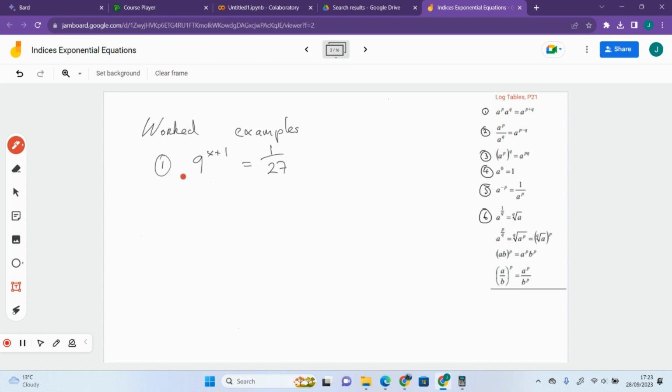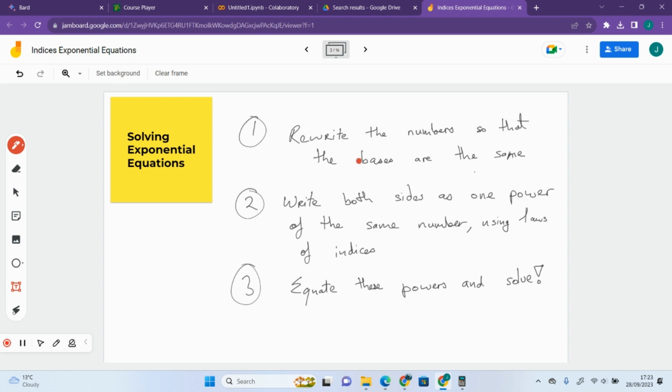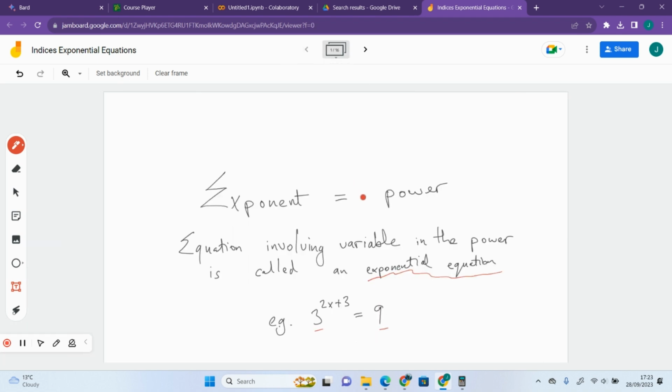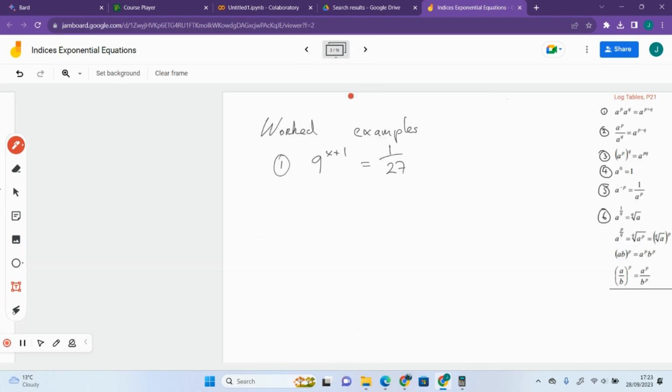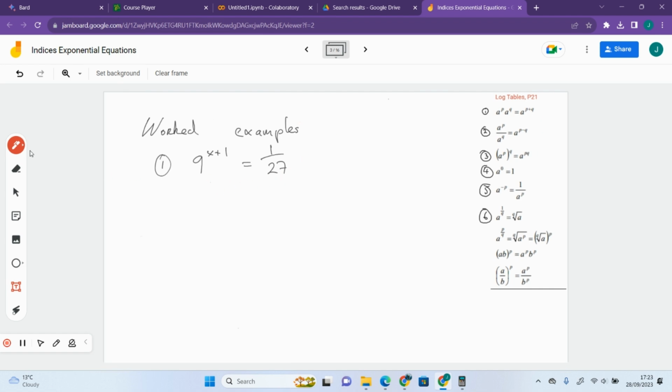So I've got this exponential equation here: 9 to the power of x plus 1 is equal to 1 over 27. The first rule is to rewrite the numbers so that the bases are the same. Looking at these two numbers, I've got a 27 here, and I know that 3 by 3 by 3, or 3 cubed, is 27.